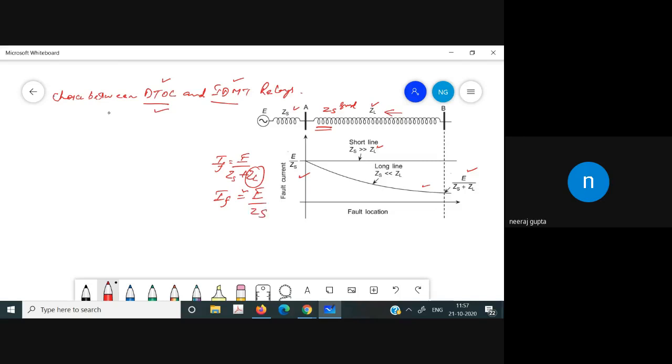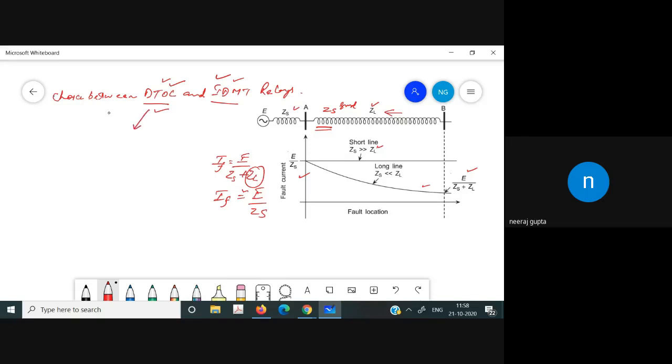It means that for a short line, the current will remain constant, and the inverseness of the characteristics of these IDMT relays cannot be exploited. So in such situations, we use the DTOC relays.